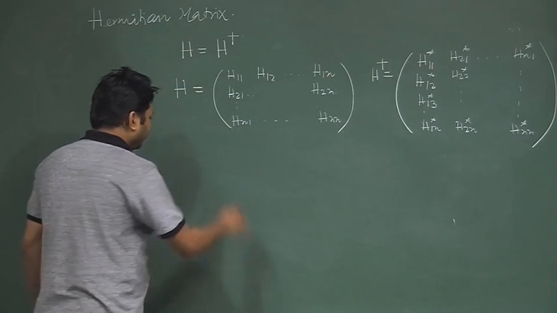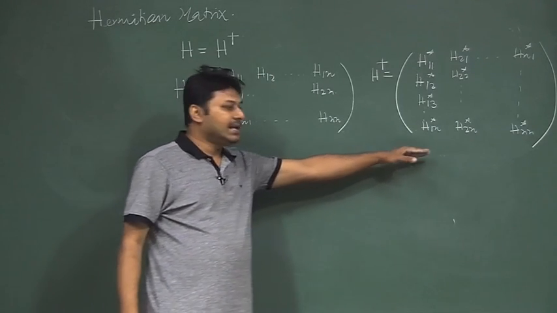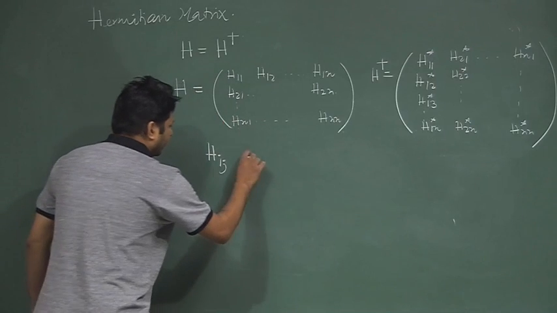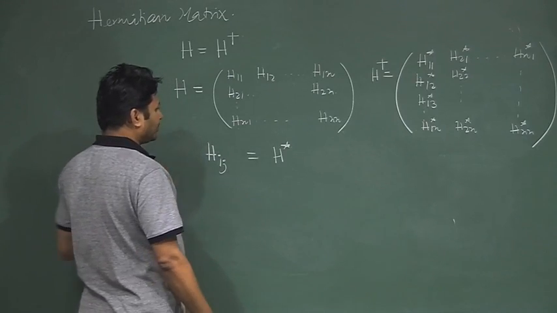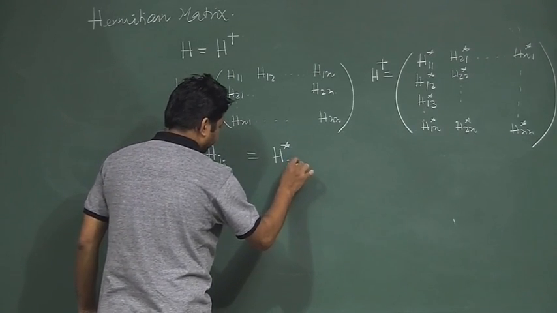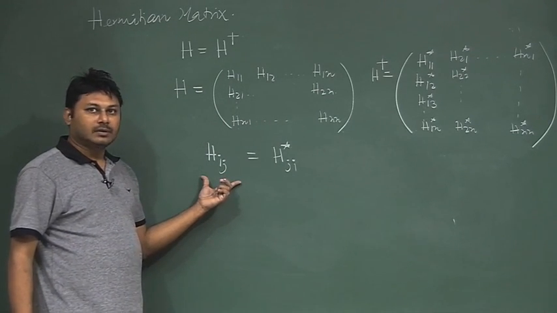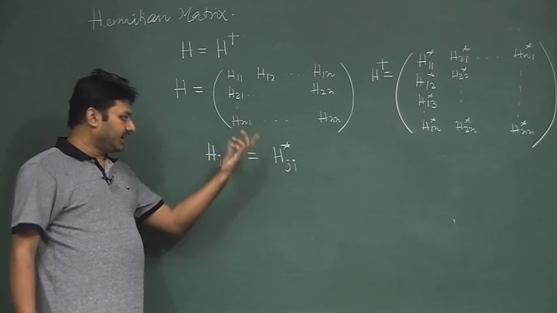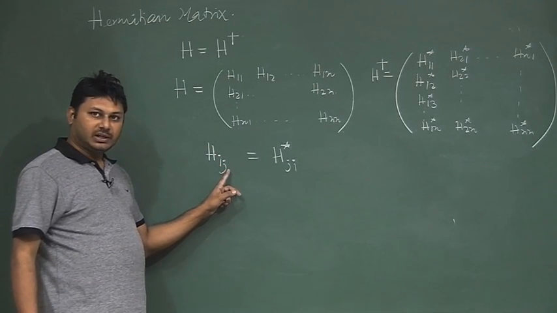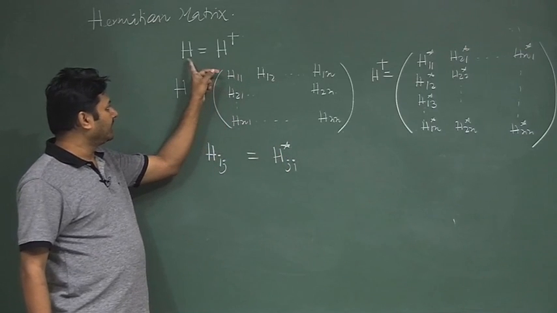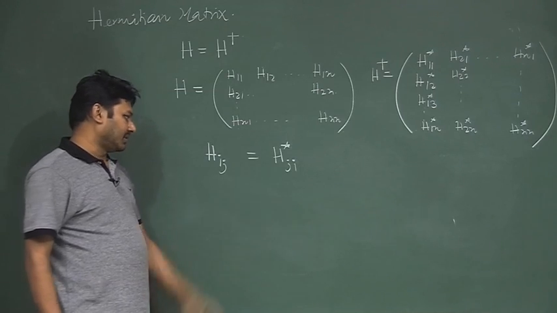Now the general element of H is Hij, and the general element of the dagger matrix in terms of H is Hji star, because if I make a transpose, i will be replaced by j and j by i. My condition is that H is equal to H dagger, so Hij has to be equal to Hji star.